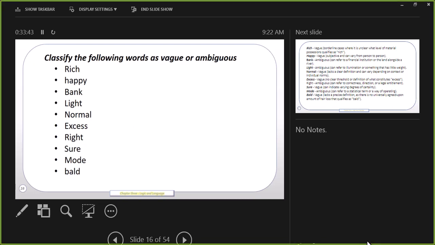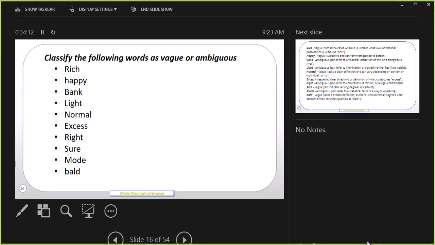Very good. Right. Go ahead. Ambiguous. Very good. Sure. Lydia. Sure is a kind of accepting degree, right? What is the degree of certainty? Sure is what? Vague. It's a vague concept, right?